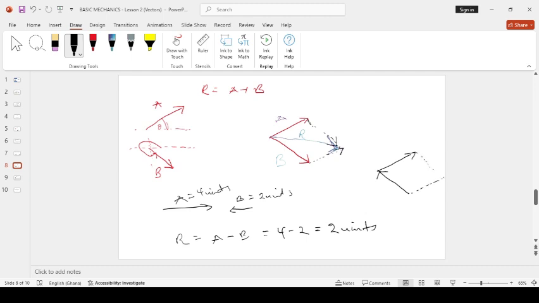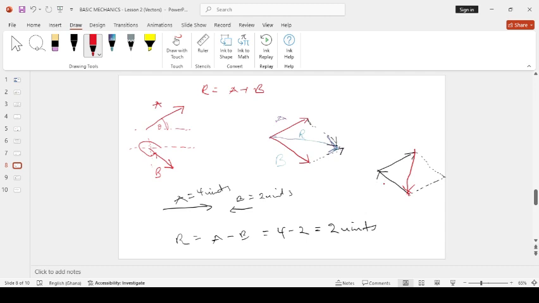You complete the parallelogram, then we draw the resultant from one side to the other side. So this resultant here is going to be the resultant for these two vectors.